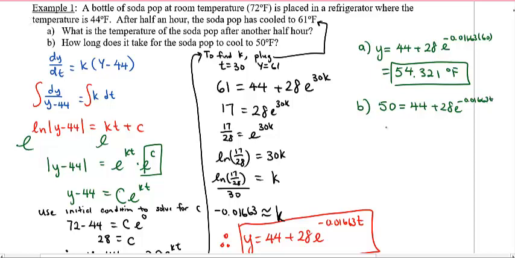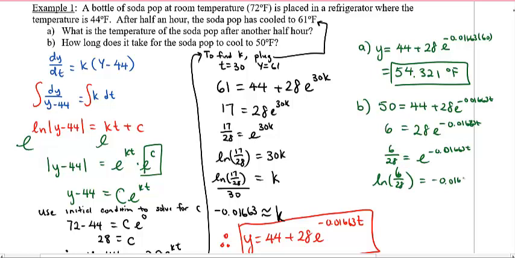We'll just do some algebra here. 6 equals 28 e to the negative 0.1663t. We'll divide both sides by 28. Take the natural log of both sides. Divide by that ugly decimal. And once again, I will save you the trouble.